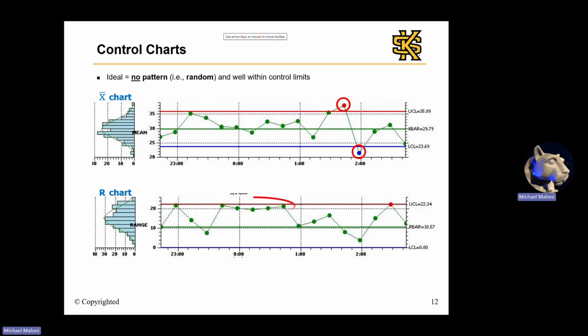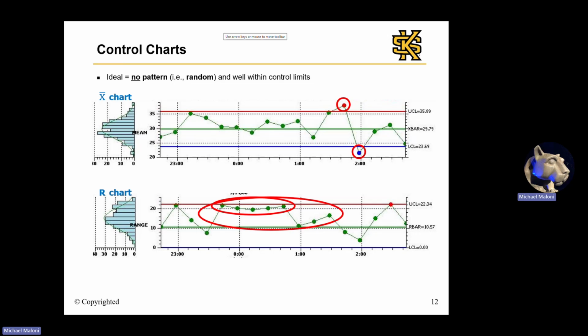We see 5 consecutive points nearing the upper control limit. That's probably not random, so that's not good. And we actually see 8 consecutive points above the center line. That's also probably not random, which is again not good.